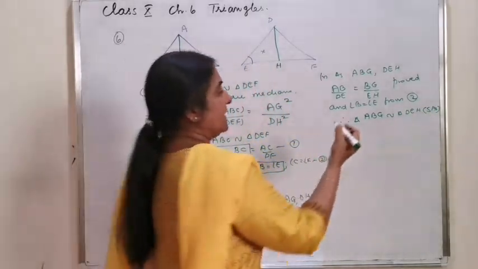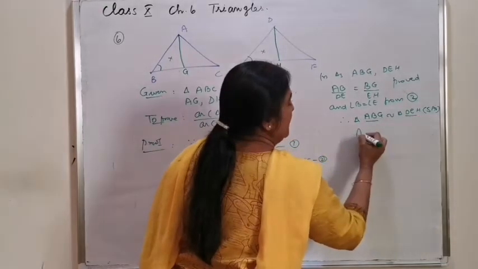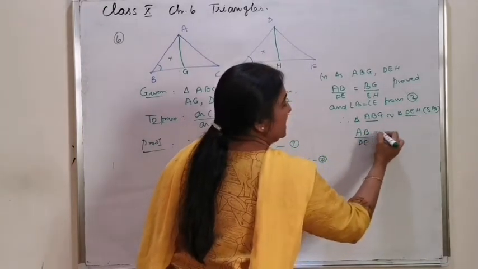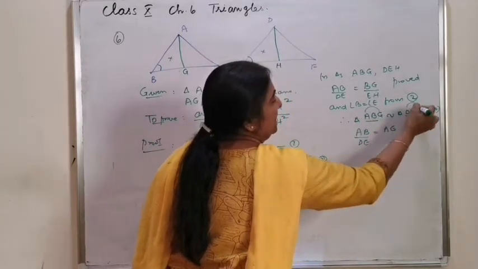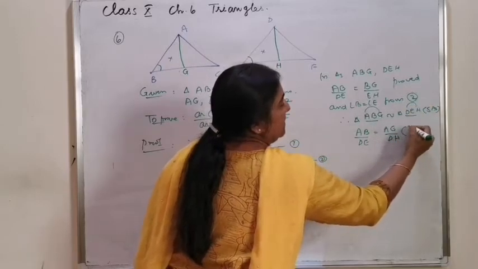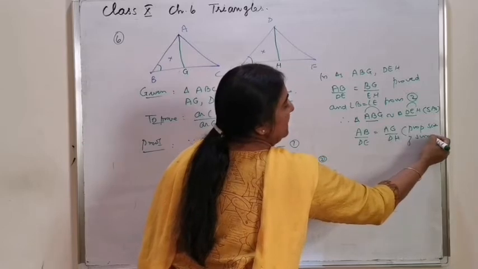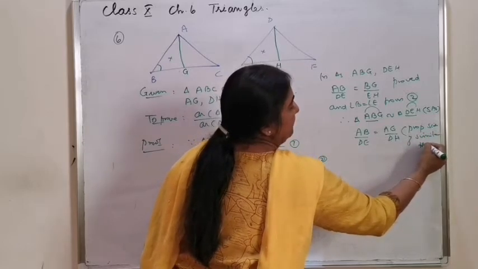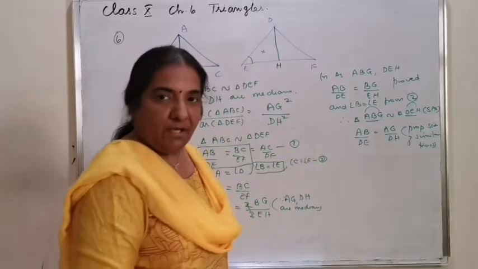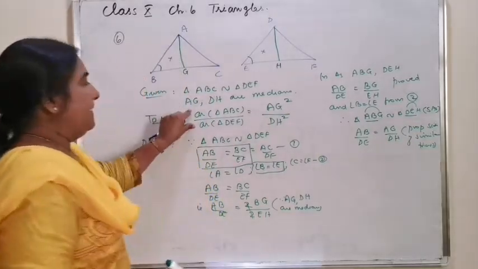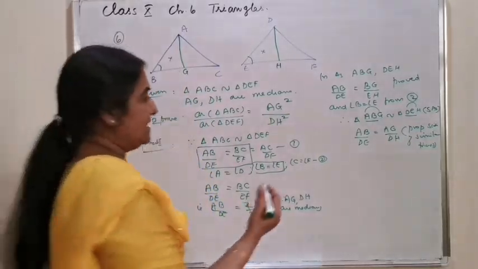What are the proportional sides? AB by DE corresponds with AG by DH. Proportional sides of similar triangles. Now, apply area theorem. What is area theorem?